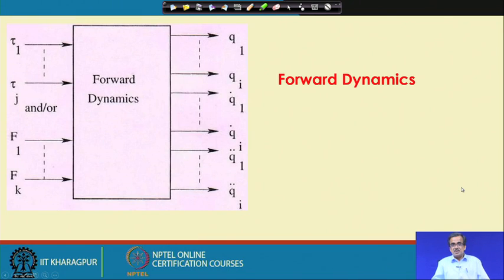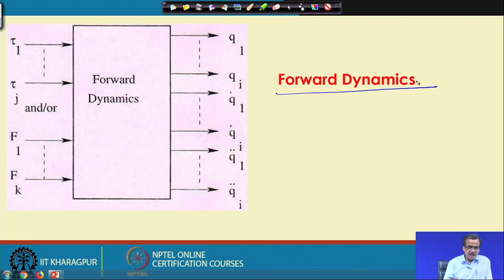And as I told, the reverse of that previous problem is the problem of the forward dynamics, and here in forward dynamics, the joint torque and force will be the inputs, and the output will be your joint angle, angular velocity, angular acceleration.